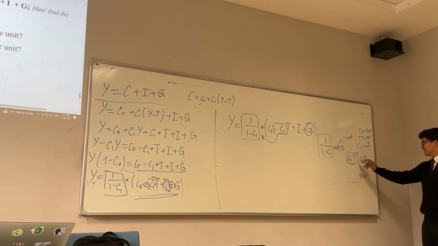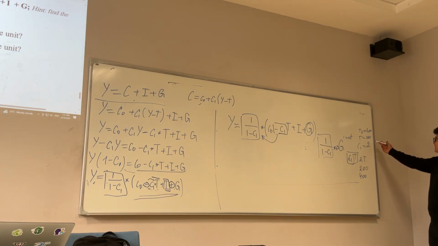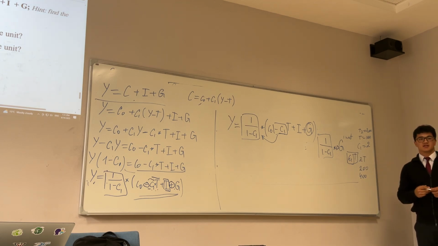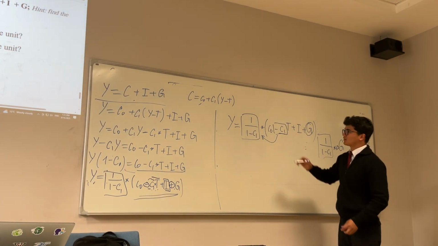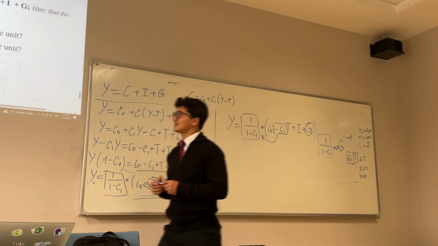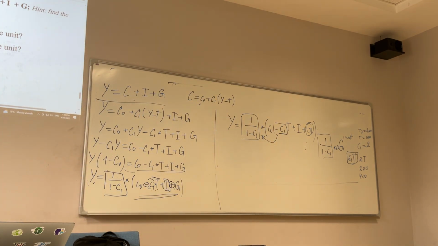And slope means that... I'm confused. So this C1 has influence on T. Yes, that's fine. Why are you questioning it? Because that's slope, and we cannot neglect the slope. Slope is what happens when T increases by 1 unit.